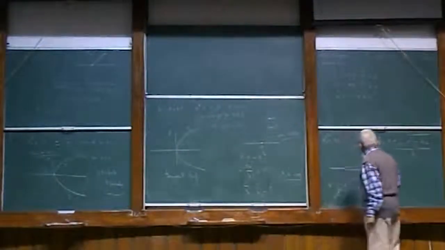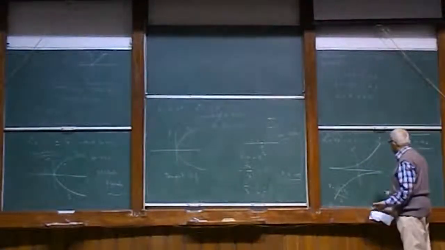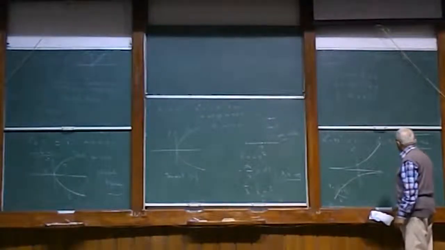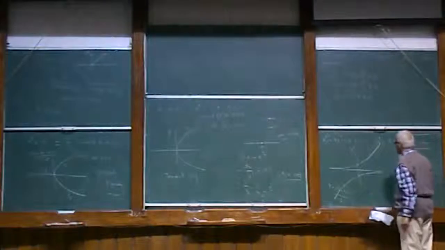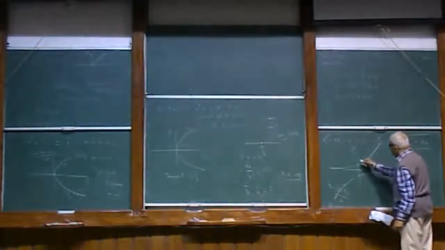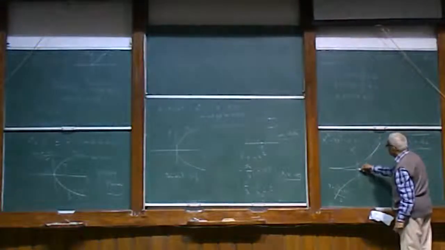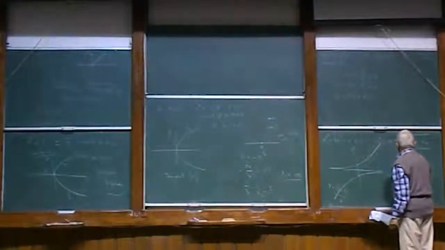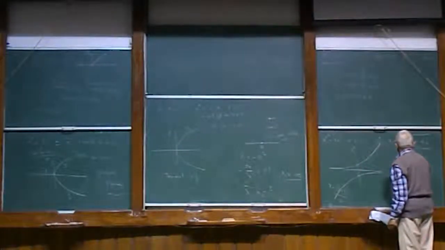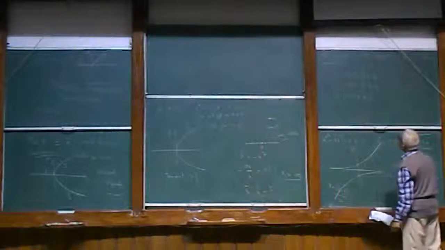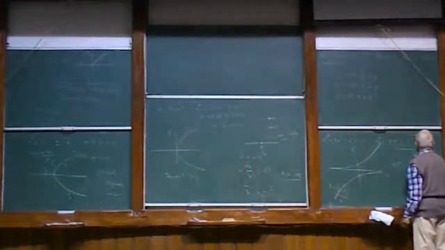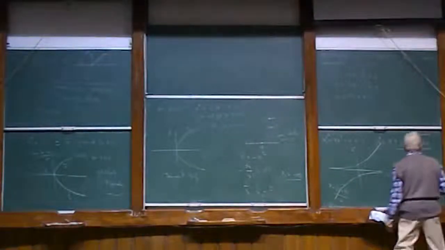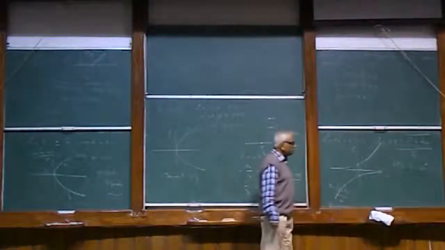So look at the stability of these fixed points. If you are looking at this x star, you want to look at f prime of x star. f prime of x star is going to be R minus 2x star over here.